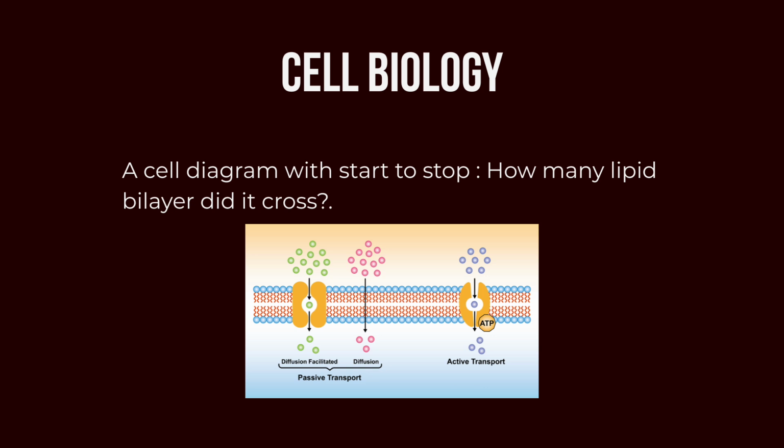So first it will cross the cell membrane, then we will have the nucleus. Nucleus is double membrane, so we should count that too. So whenever it's entering and whenever it is exiting, that also we have to count. So like that, how many were there? That was the question. But the problem was, when it was getting asked, I had a kind of confusion.